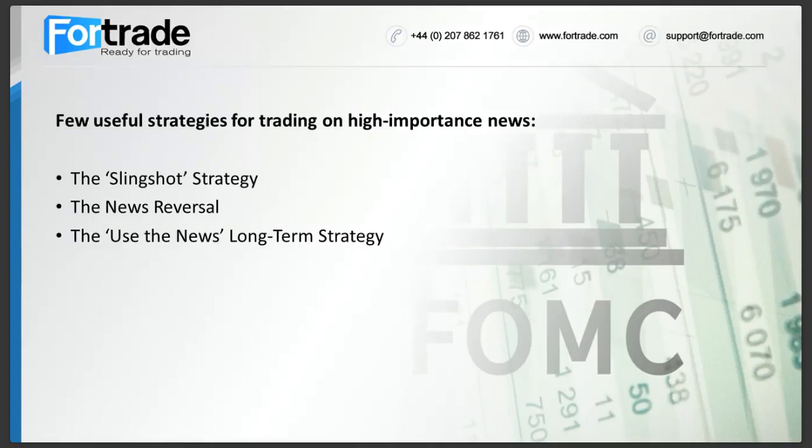You can go into the NFP looking to do some bargain hunting. You can look at your longer-term chart to establish some resistance levels at which you'd like to sell if prices can make their way up there. The next step in the process is to wait for the news to come out to see if prices can move up into this resistance zone so that you can pass an order.